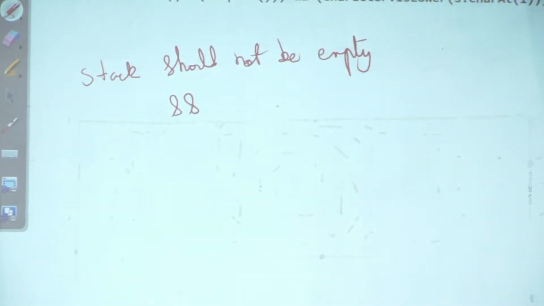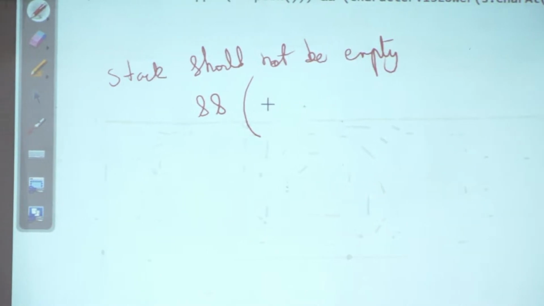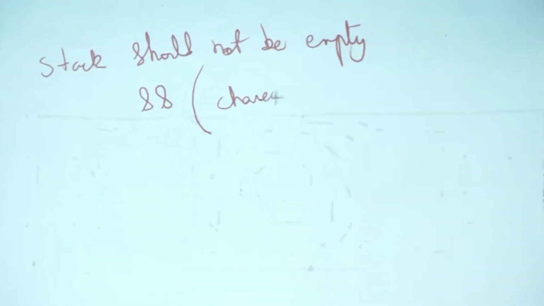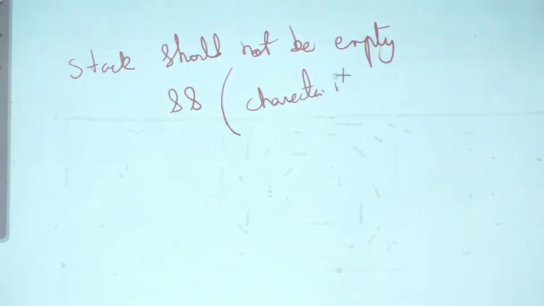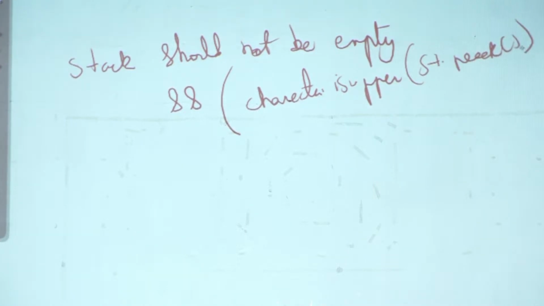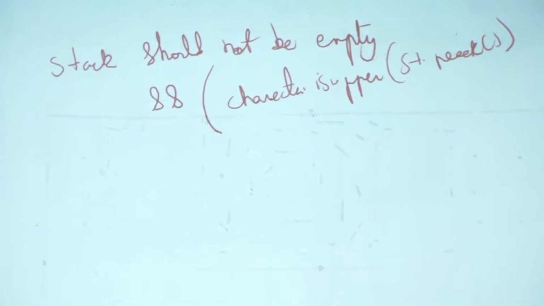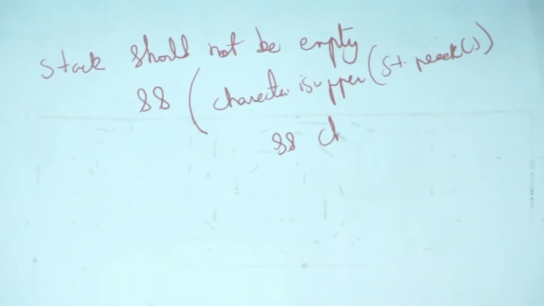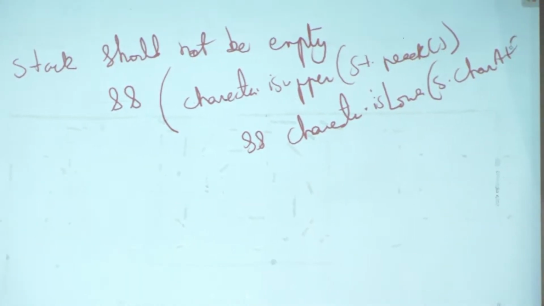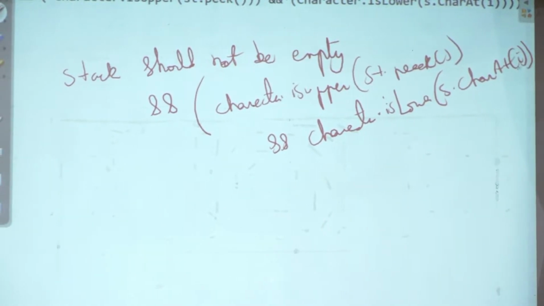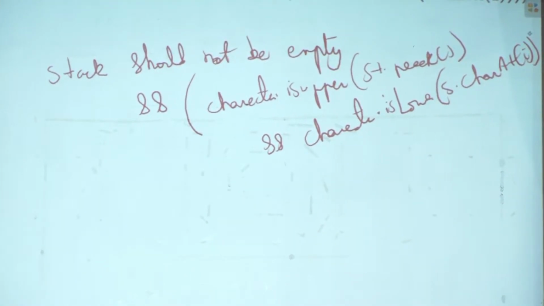And either character is upper st.peek and character is lower s.charAt(i). This closes and this closes.